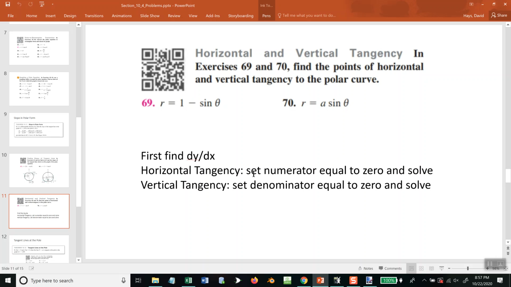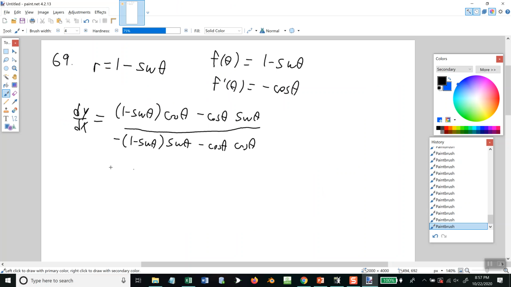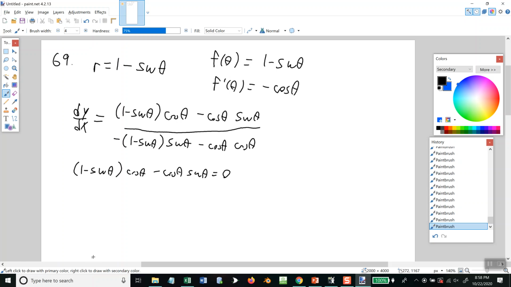Okay, horizontal tangent: set the numerator equal to 0 and solve. So if I set that equal to 0, I got 1 minus sine theta cosine theta minus cosine theta sine theta is equal to 0. Now, I got two groupings here. I got this group and I got this group.